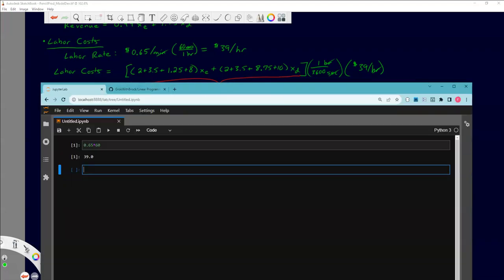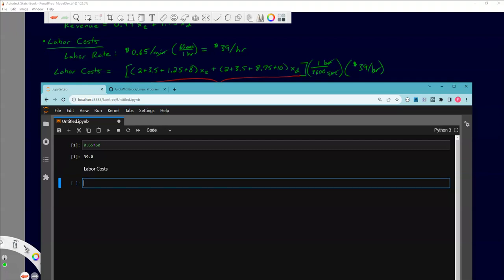And so to do that, I'm going to hop back into my Jupyter notebook here. I'll just write it into a variable that says unit labor econ. This will be the coefficient for us.